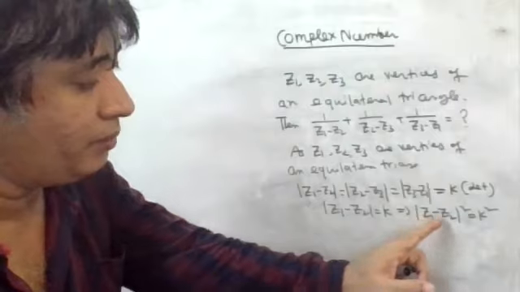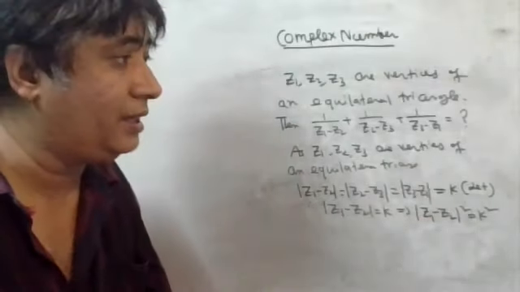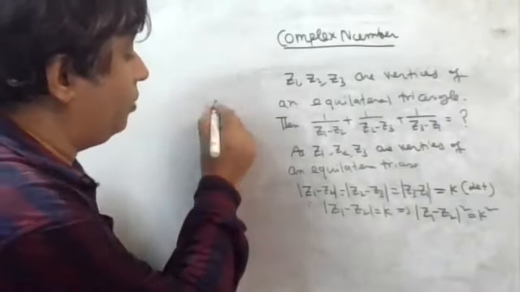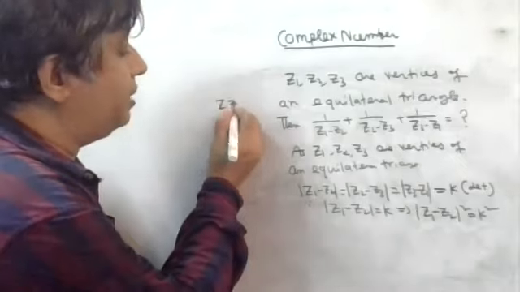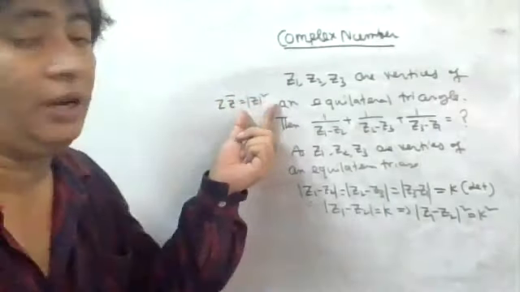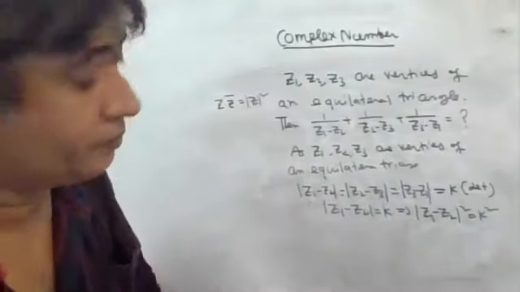Now what formula should I apply here? The formula which we did in the last class, Z into Z bar is mod Z whole square. So instead of mod Z whole square, you can write Z into Z bar.